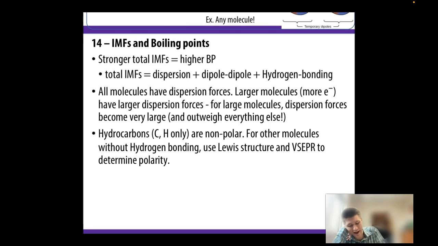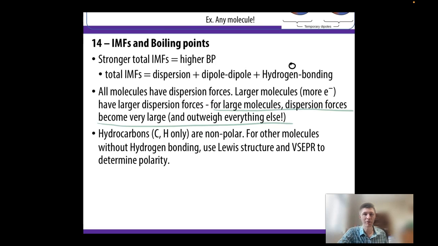We just need to add together the contribution from each of these, where if a molecule doesn't have any hydrogen bonding, say, then that won't contribute at all. Remember that because dispersion forces increase with size, for large molecules, dispersion forces will outweigh everything else. If a molecule is much, much bigger, it will have stronger IMFs because of those bigger dispersion forces.